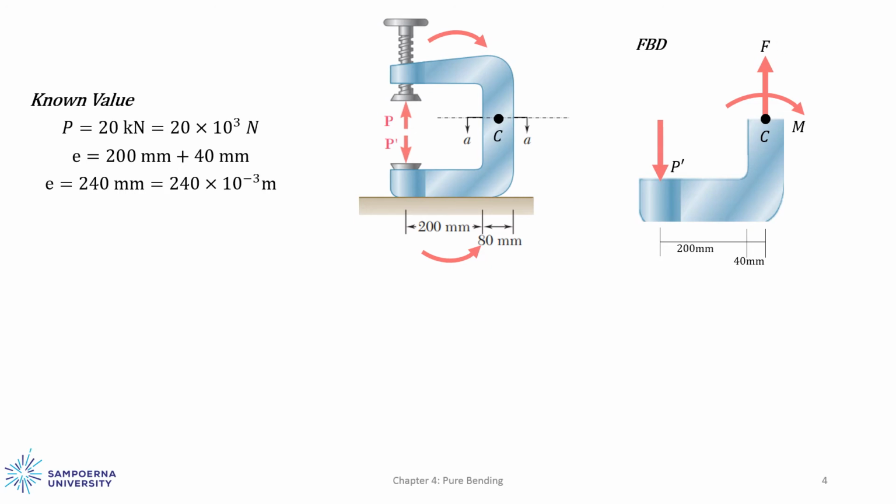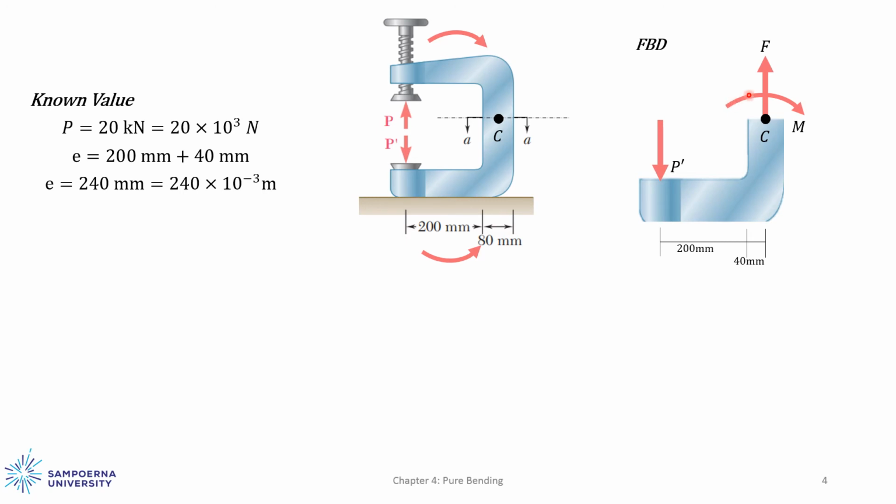Next, since there is a distance between force P prime and the centroid C, it creates a moment in this direction. Because it's in equilibrium, there must be a moment acting in the opposite direction.